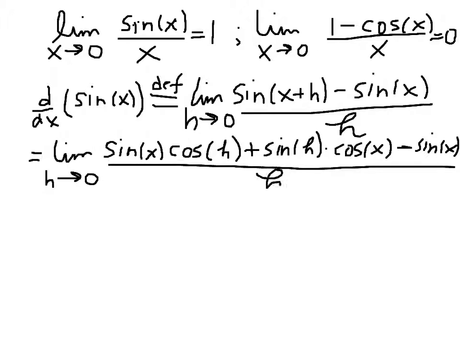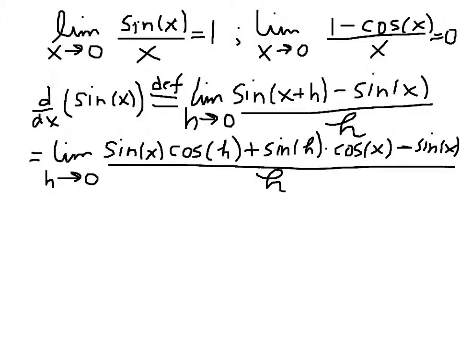And all of that's over h. So again, I'm going to be using some of the properties of limits, and I'm also going to use the fact that sine of x and cos of x are independent of h, and so I can bring them out in front of the limit.